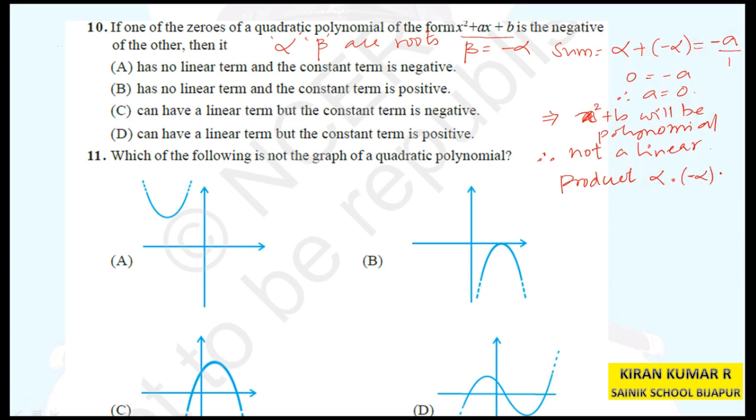It's alpha into minus alpha, which is equal to constant term divided by the coefficient of x square. Therefore, minus alpha square equal to b. So alpha square is minus b. In other words, b value is minus alpha square, which means the constant term is negative.